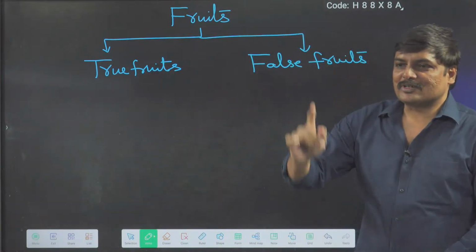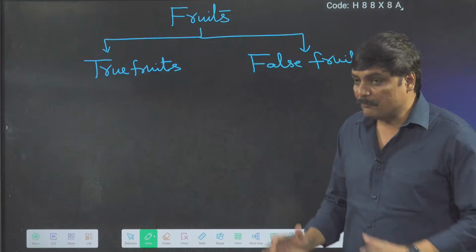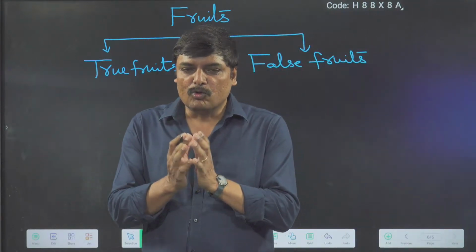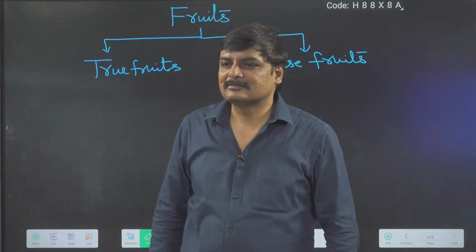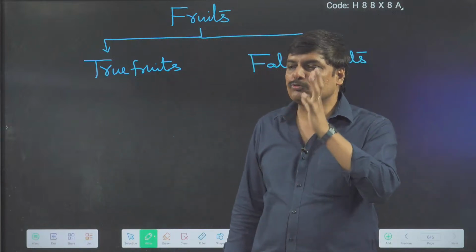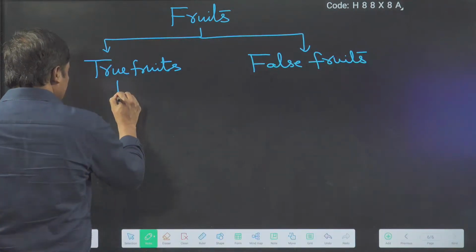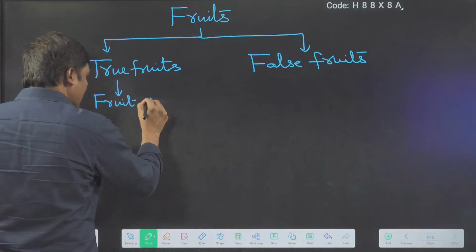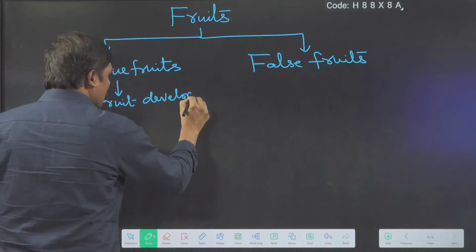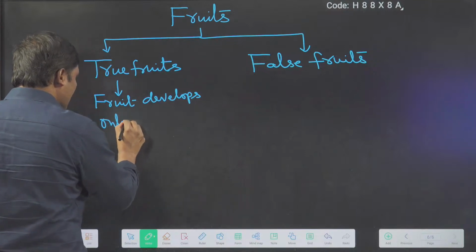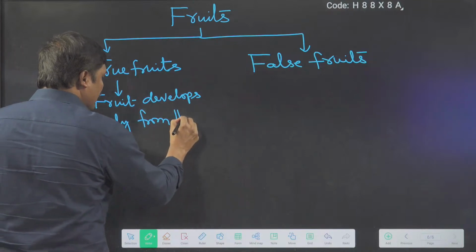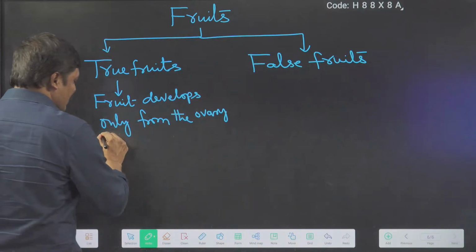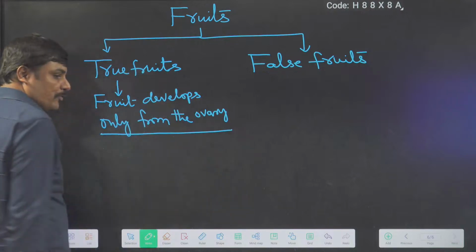What is a true fruit? The fruit which develops only from the ovary is known as true fruit.